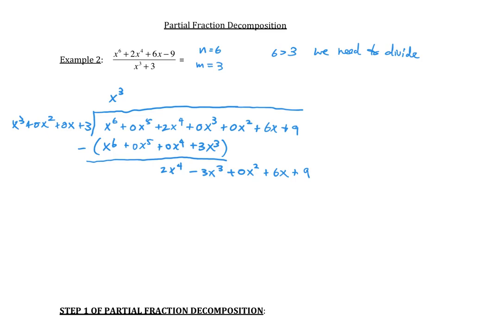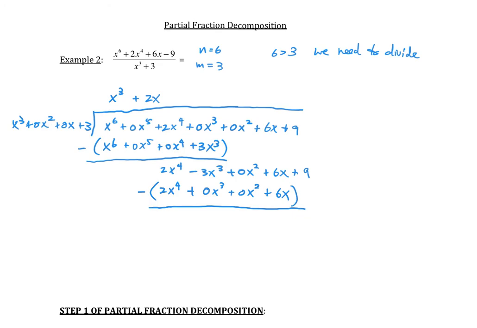So I'm going to put a 2x on top over here, and then I'm going to multiply this entire polynomial by 2x, and we are going to get 2x to the 4th plus 0x cubed plus 0x squared plus 6x. Okay, I want to subtract those two polynomials, so I'm going to put parentheses around the second one and the negative so that I don't forget to subtract term by term.